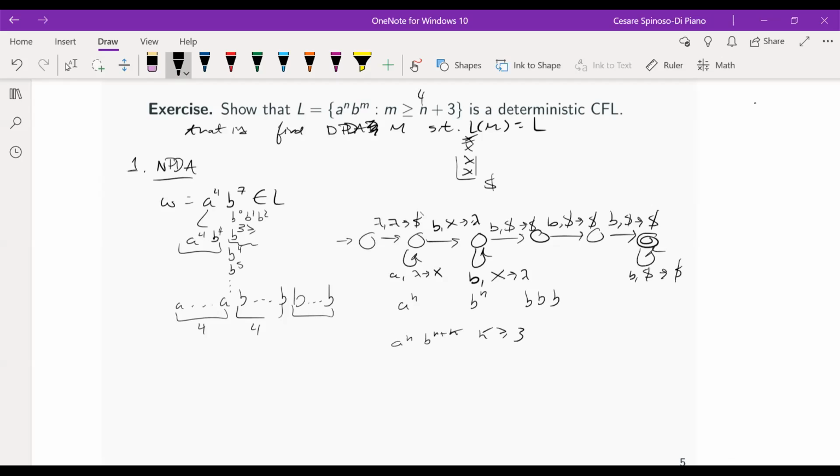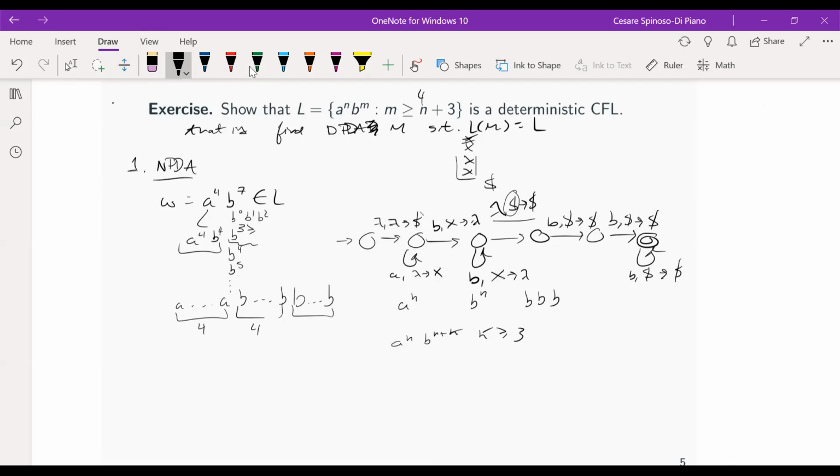Okay, I'm going to explain something in a second, but let me just answer your question. Why did you say that the lambda transition will make it a non-deterministic PDA? I think I misspoke there. What I meant to say was, if instead of this, you had this lambda transition, then that would be okay, because you're reading this $ sign only for this transition.